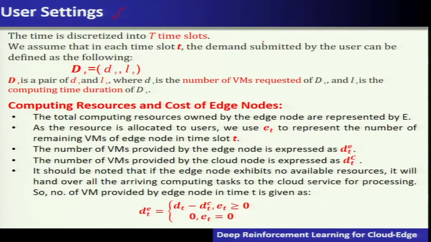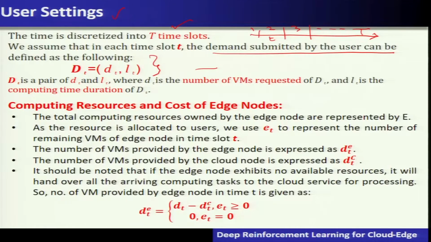So, time is discretized into time slots. Time is slotted as 1, 2, 3, 4 and so on up to T time slots. We assume that in each time slot t, the demand submitted by the user can be defined using this particular equation. We call it the user demand.